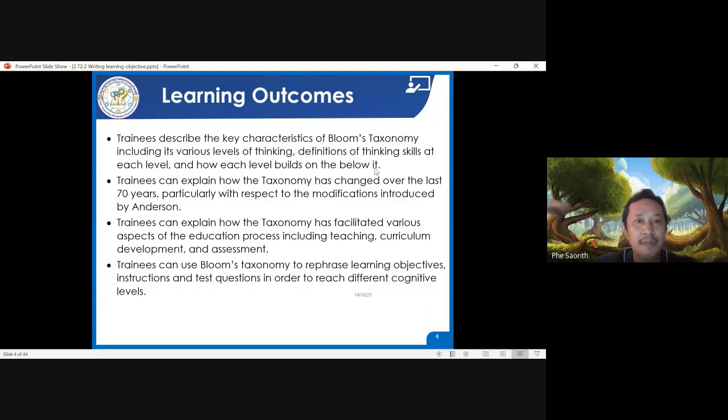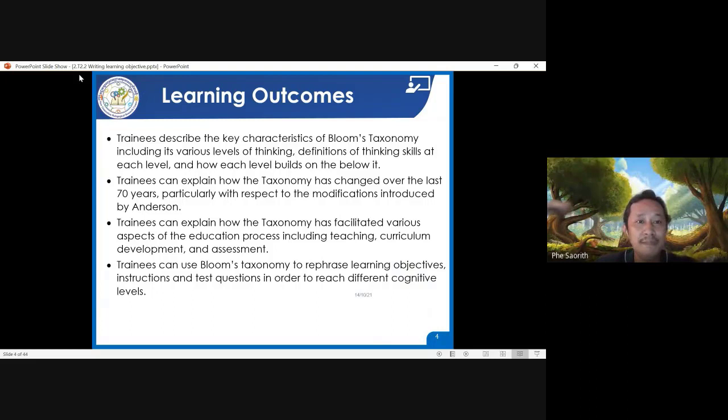So what are the key characteristics of Bloom's taxonomy, including the various levels of thinking? There are two levels of thinking, lower order thinking and higher order thinking, and the definition of what lower and higher thinking skills are, and also the relationship between them, how they build up on each other.